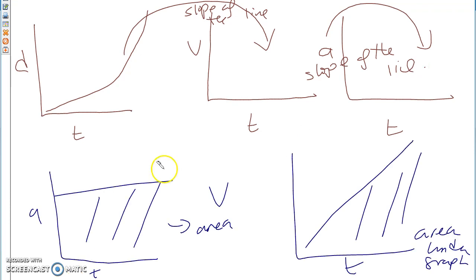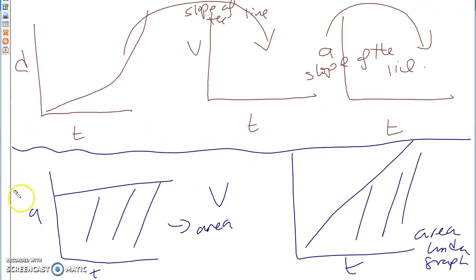And of course, I can go backward. If I have an acceleration time graph, I can find the area under the graph to find velocity, average velocity. And if I have a VT graph, I can find the area under the graph to find the total displacement. So that was the main purpose of this lesson: slope of the line to go forward, area under the graph to go backward. And that's it.